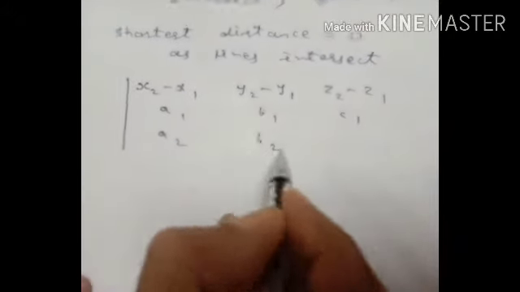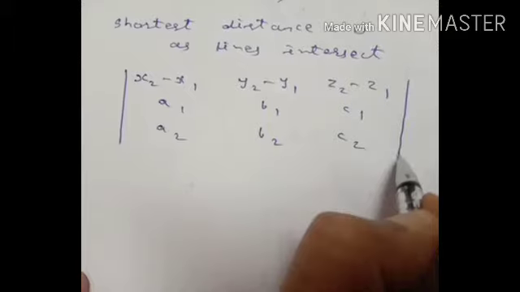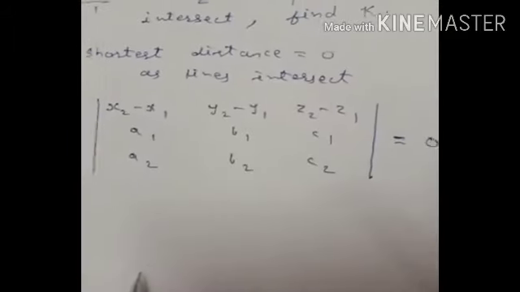Then the value of the determinant is 0. The determinant with first row x2 - x1, y2 - y1, z2 - z1, second row a1 b1 c1, third row a2 b2 c2 equals 0.